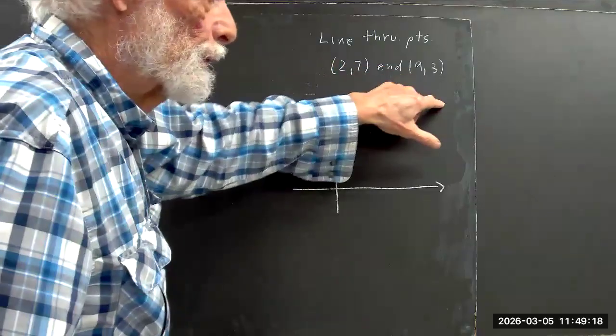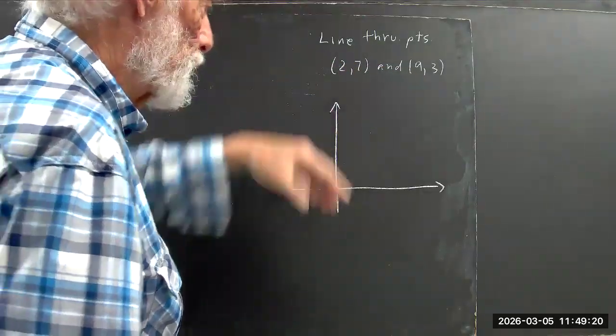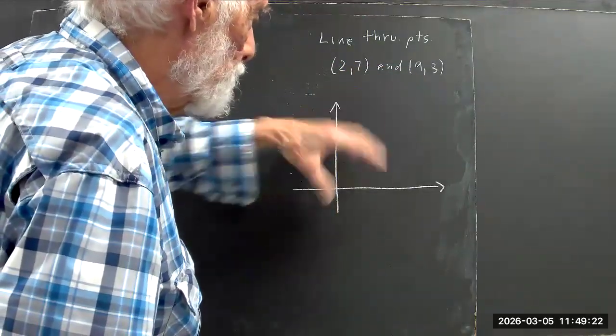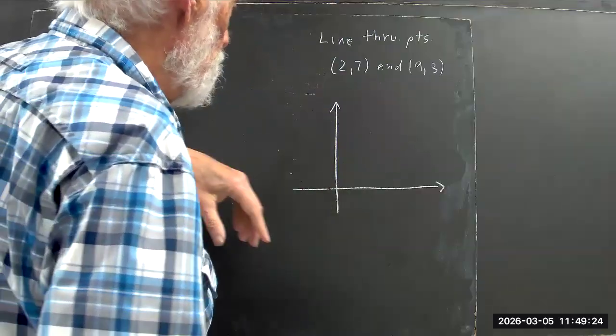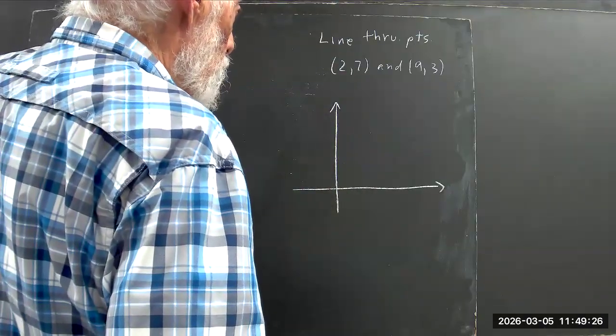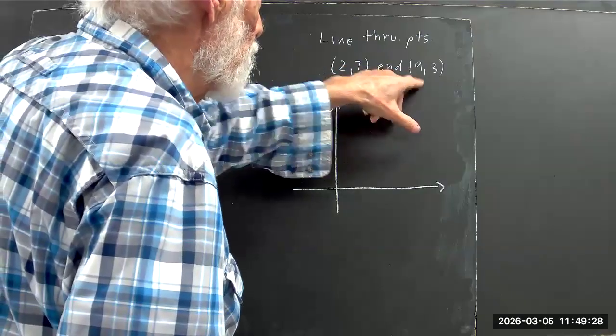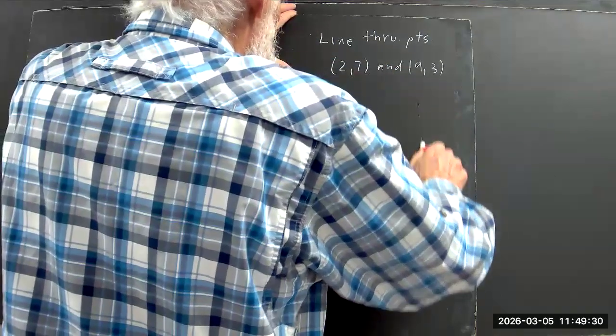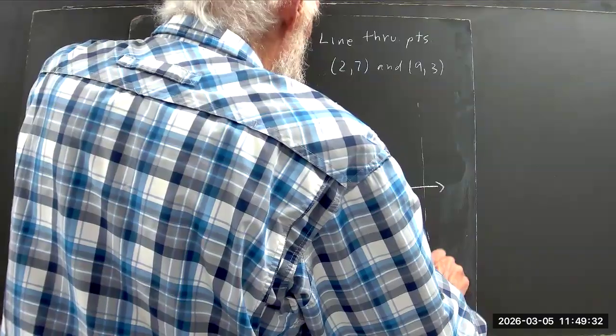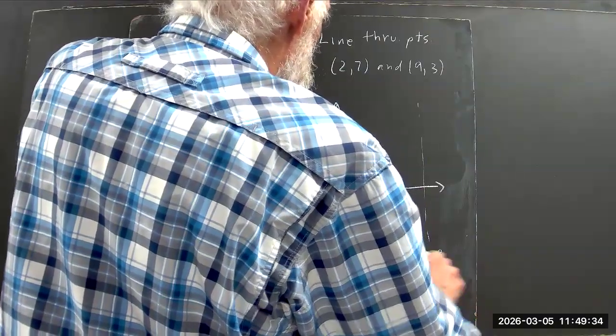My points are in the first quadrant. X is positive and Y is positive. So I'm going to draw the axes so I have more room in the first quadrant. Okay, well, the biggest X coordinate is 9. So I'm going to sketch a line over here indicating that on this line, X equals 9.